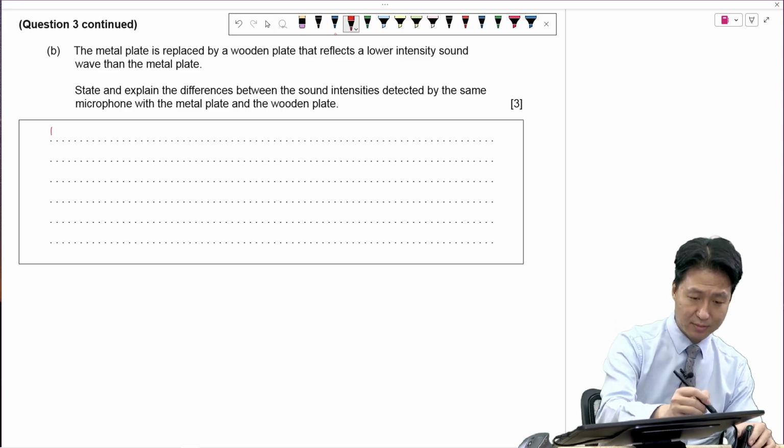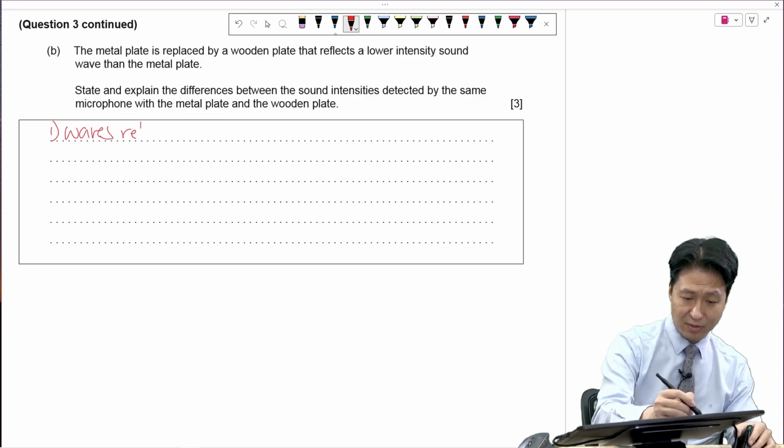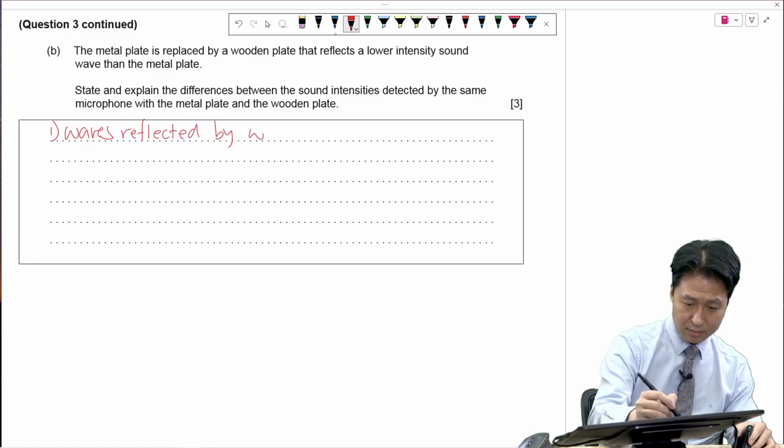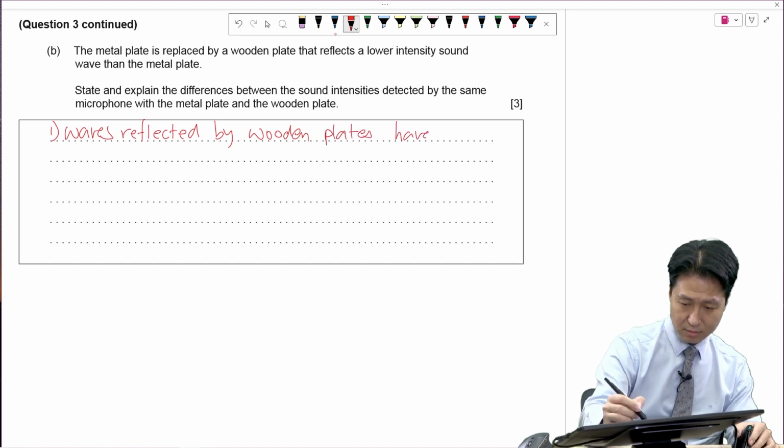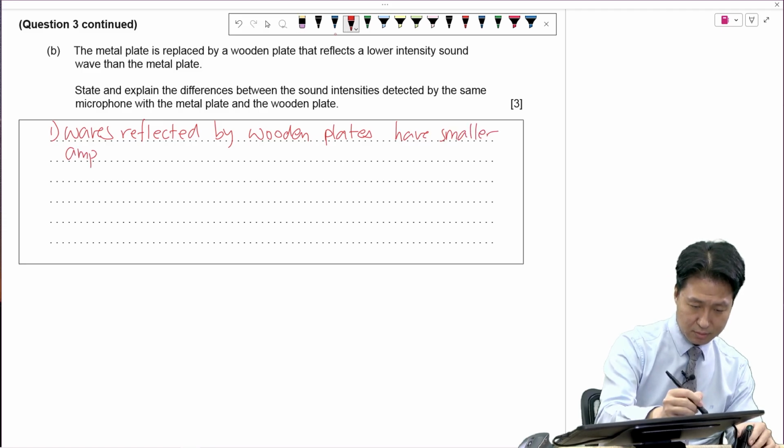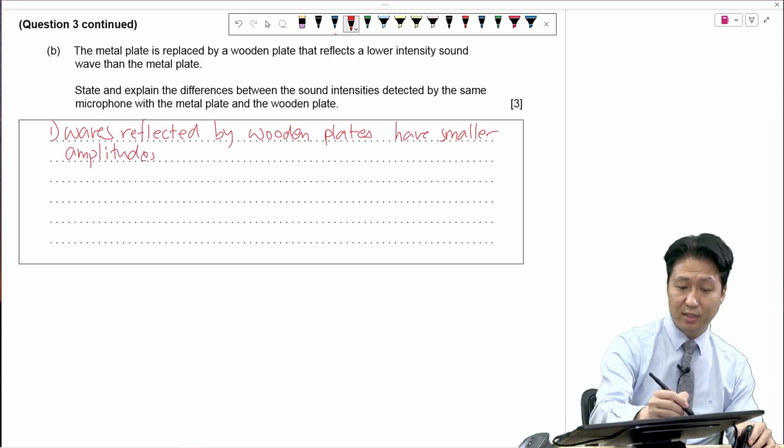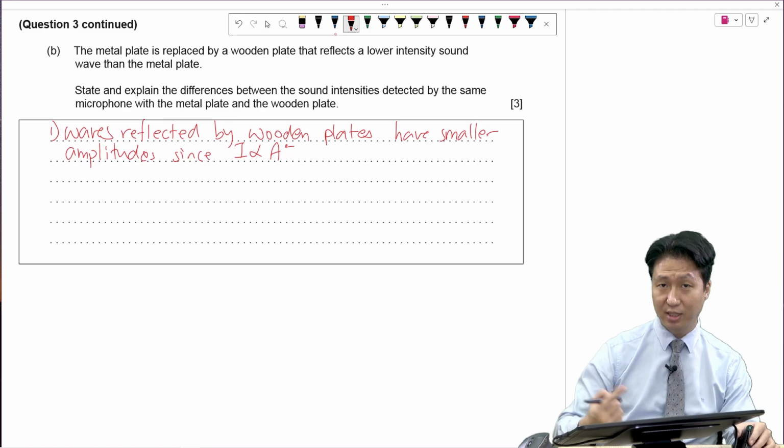Number one, waves reflected by the wooden plate have lower amplitudes. And the reason for this is because the intensity is proportional to the amplitude squared. Lower intensity means lower amplitude.